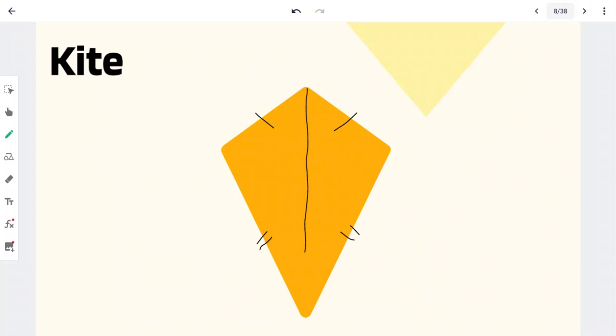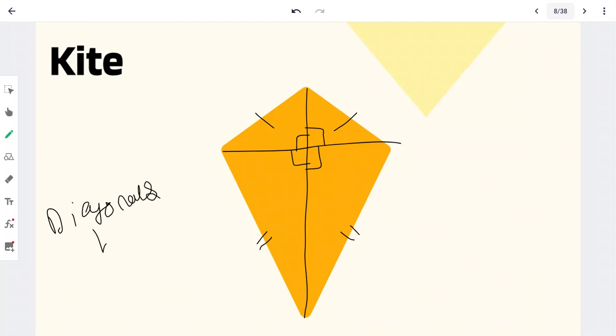Now look over here. If I make the diagonal, can you see this is 90 degrees? So that means the diagonals of a kite bisect each other perpendicularly.